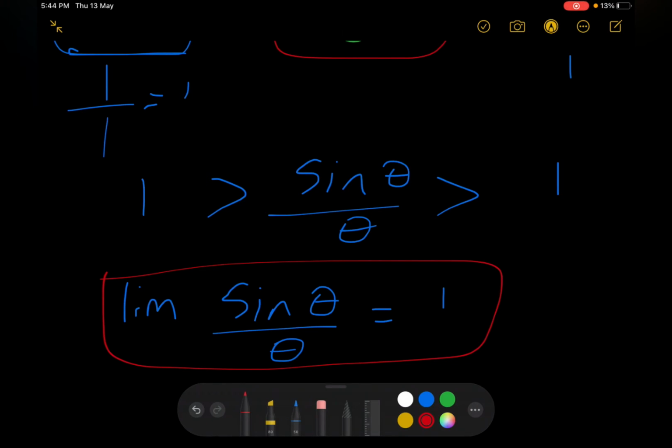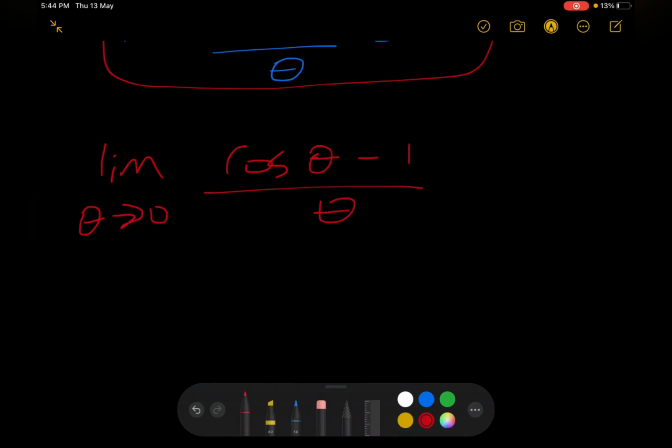The next thing that I want to prove is cos theta minus 1 over theta. We checked this already and we know if we plug in 0, we will end up with 0 over 0, which is indeterminate. So we know straight off the bat that we can't do this. If you recall earlier, we did some rationalizing in this playlist. So we're going to rationalize the numerator.